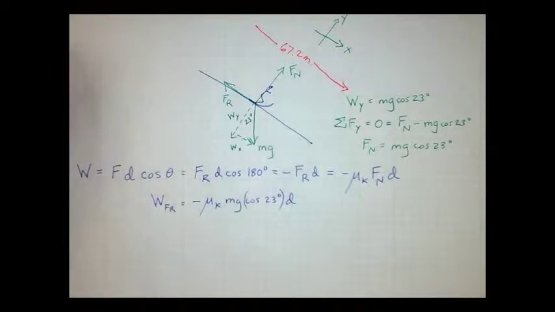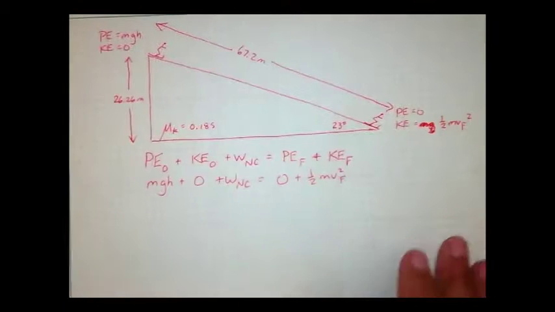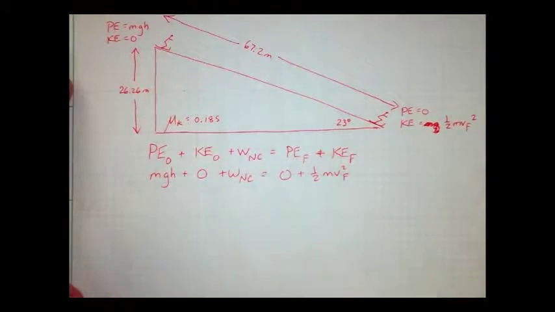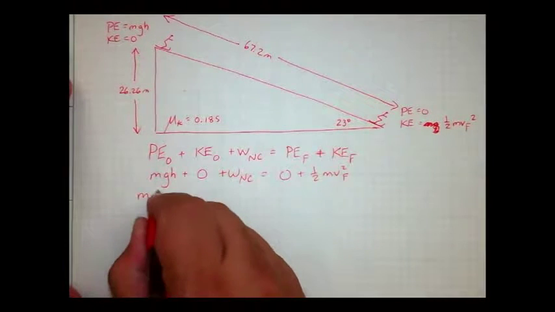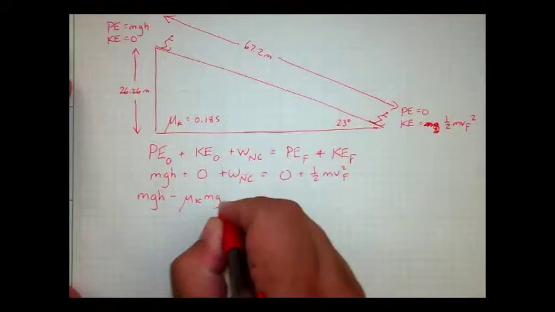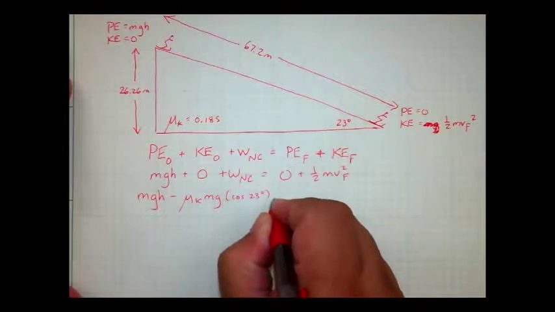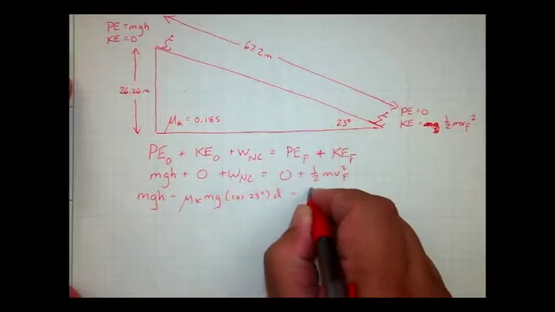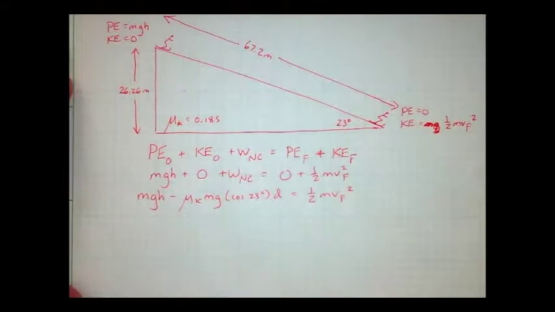Taking this formula for the work done by friction, we now return to our conservation of energy formula. And now it looks like this. mgh minus mu k mg cosine 23 times d equals 1/2 mv final squared.